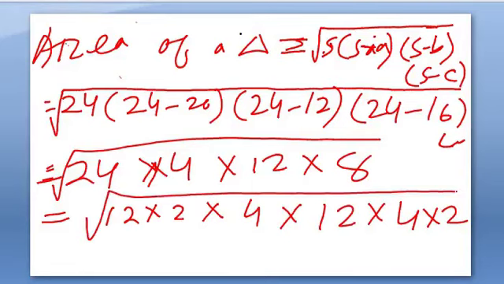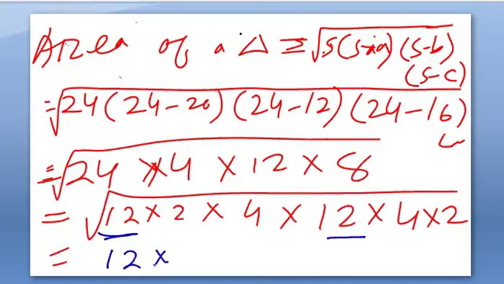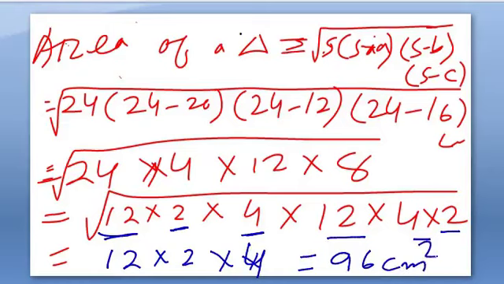Here this is 12, this is 12, so from each pair we take one, and we get 12 into 2 into 4 into 4, equal to 12 twos are 24, 24 fours are 96 square centimeter. This is the answer. Now we got the area of the triangle.